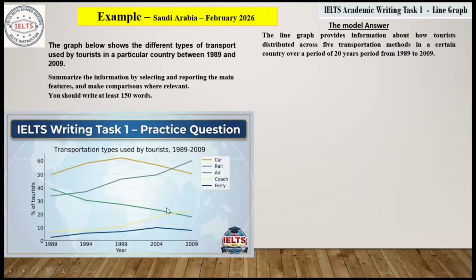You can speak about a rise in something or a fall in something. Can we say like the car is the most used transport? Yes. And you should mention the period or the year.